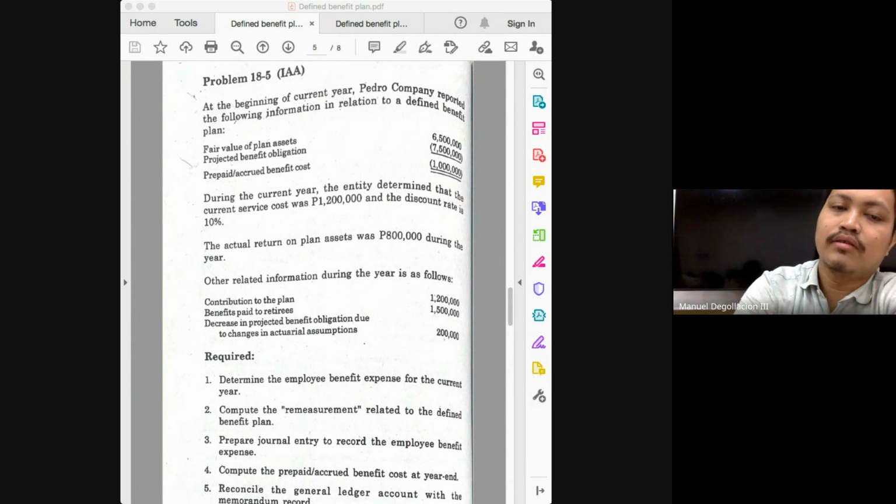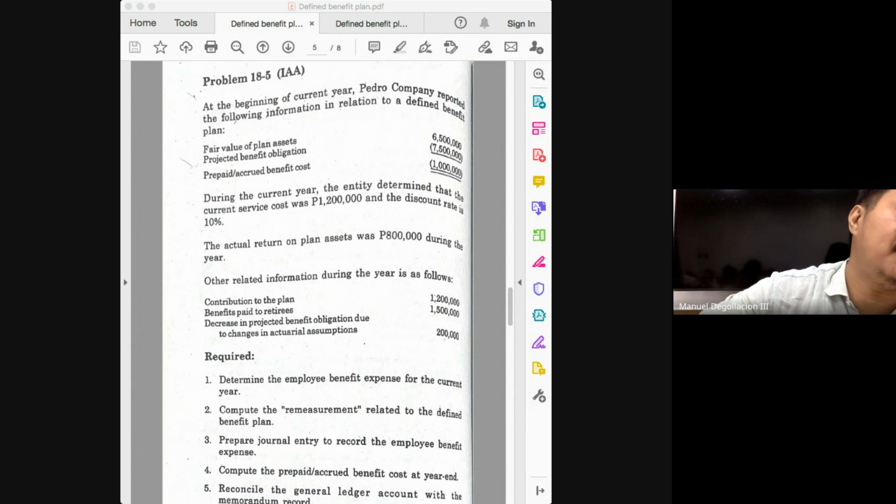Okay. So what if you're asked in this problem, how much is your total defined benefit cost? Again, you just combine your employee benefit expense and your remeasurement gain or losses. And what do we have in this problem? Employee benefit expense of 1,300,000 and remeasurement gain of 350.